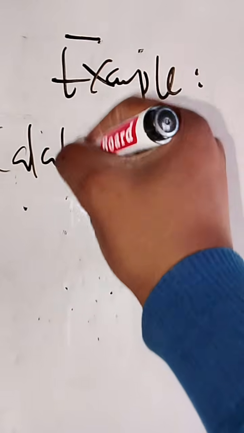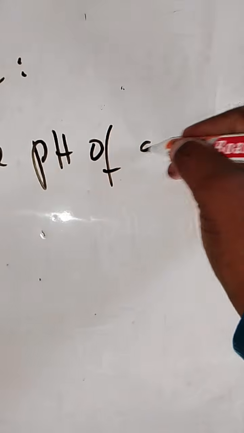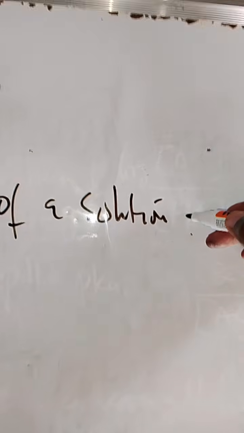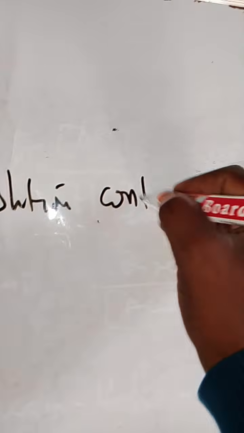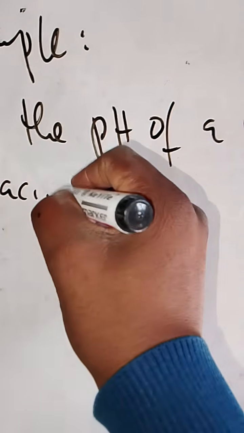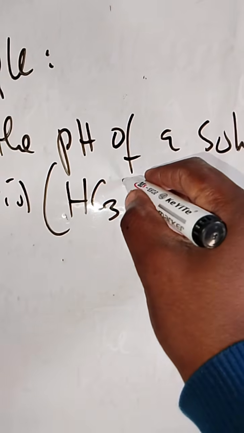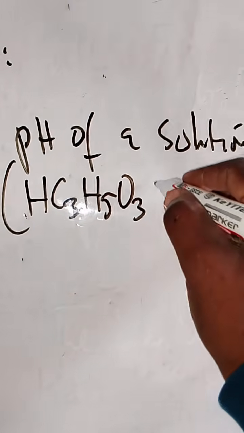They calculate the pH. Calculate the pH of a solution containing 0.75 molar lactic acid, which has the formula HC3H5O3.